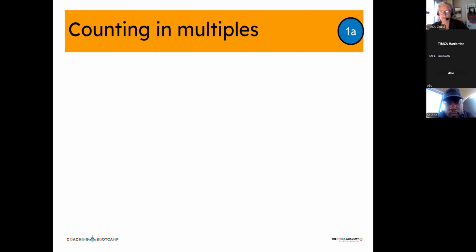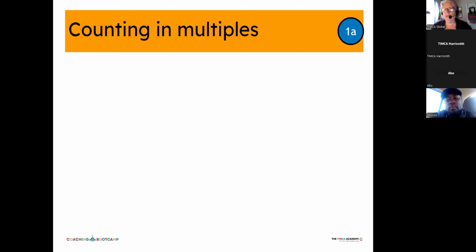All right. So the first place that we start with children is not even at equal groups. We start asking them to count in multiples. So we ask them to start skip counting. That's where we really begin this idea of multiplication and division.